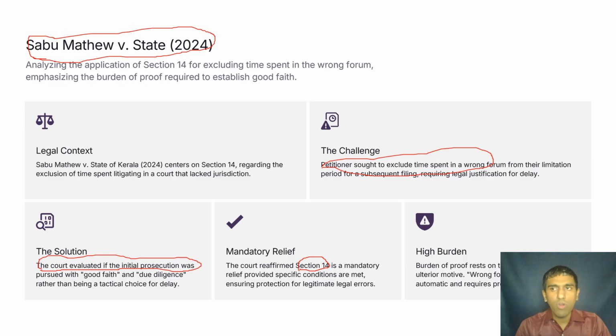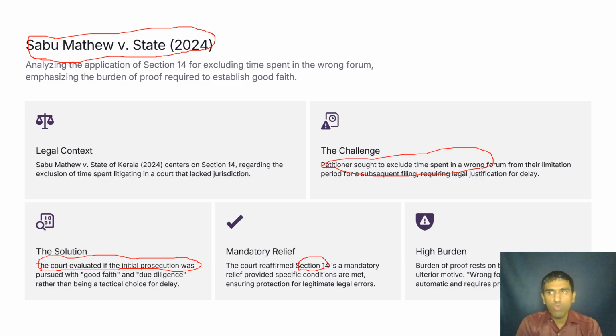Essentially, section 14 specifies, sorry, I should have said section 14, not section 4, that if the party who had been litigating in the other court had found out that that court did not have the correct jurisdiction and took the case to the correct court, then the limitation period requires excluding the time spent in the first court fighting the case.